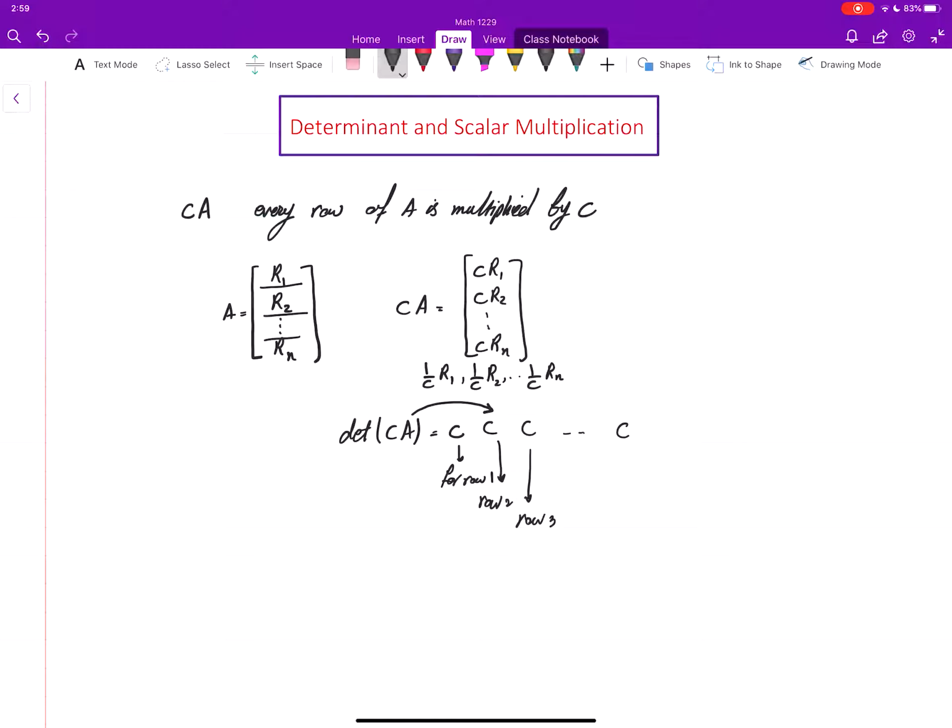How many of these do we have? n of them. Then the matrix is A. So we have C to the n times the determinant of A.